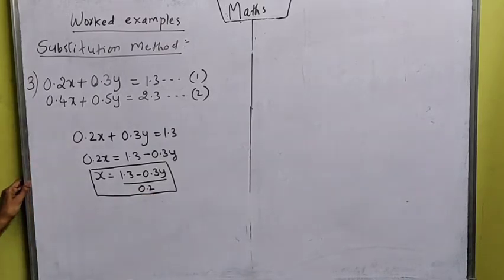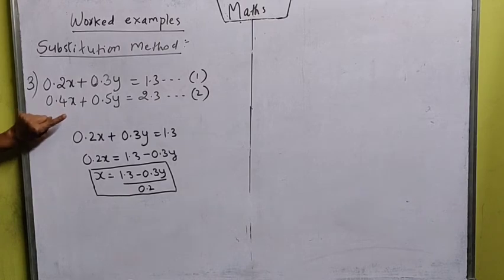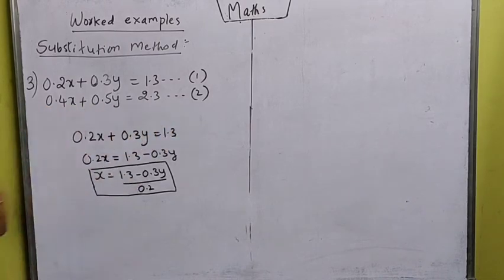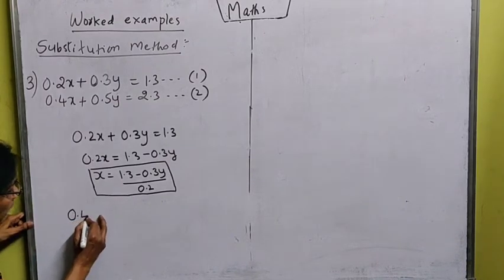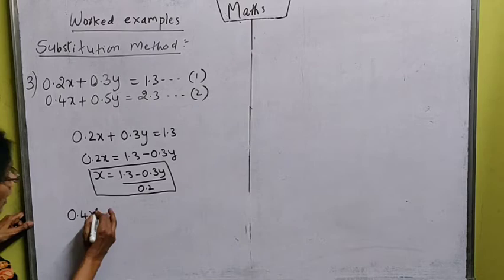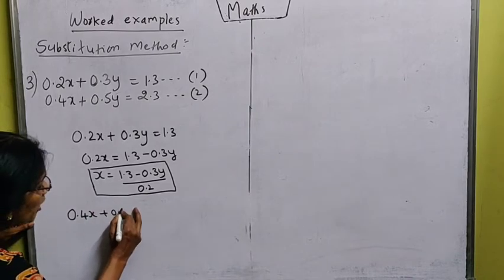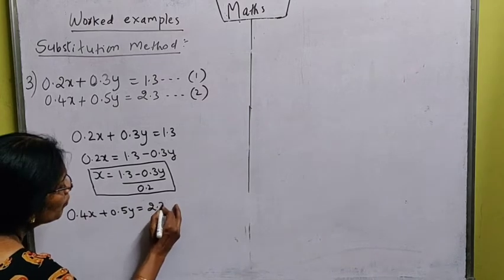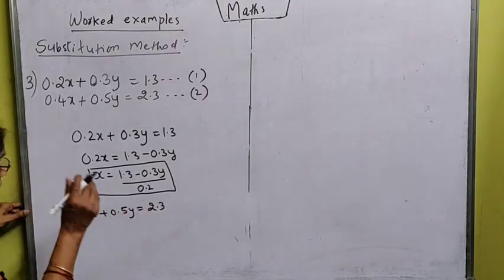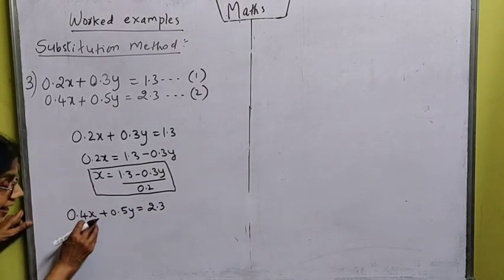Now which equation is left out? The second equation. In the second equation, I will substitute the value of x. So first I will write down the second equation: 0.4x plus 0.5y is equal to 2.3. Now 0.4x is given.